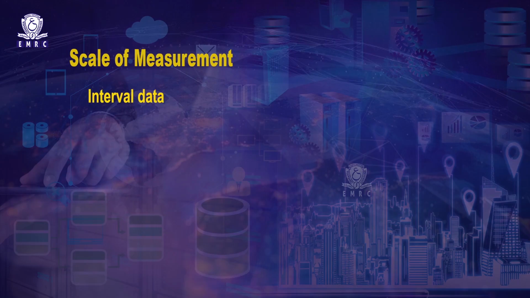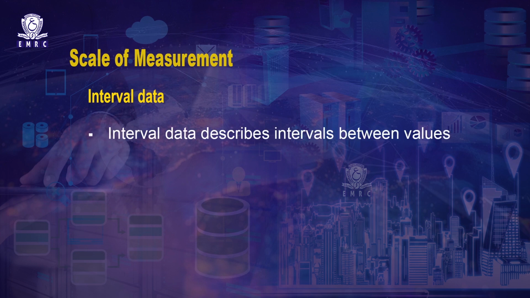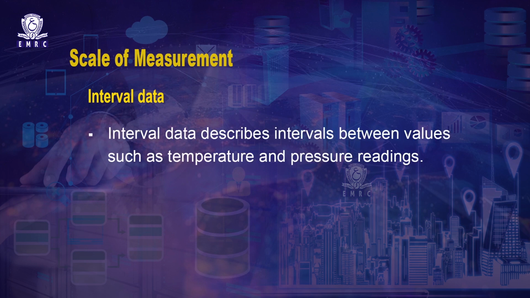For example, cities are classified as big cities, medium cities and small cities according to the population. Interval data. Interval data describes intervals between values such as temperature and pressure readings. For example, a temperature reading of 60 degrees Celsius is hotter than a temperature reading of 40 degrees Celsius.